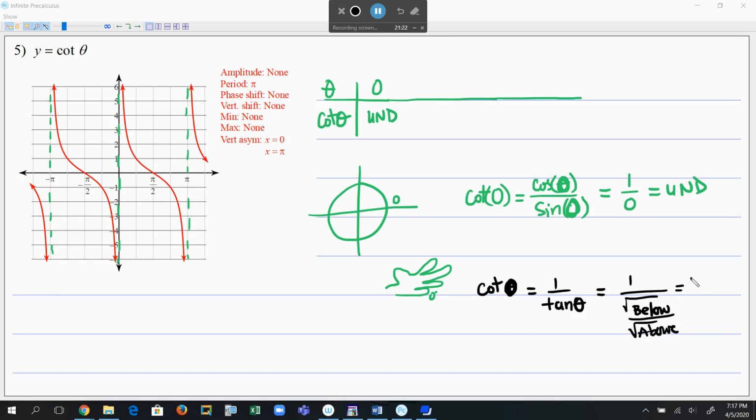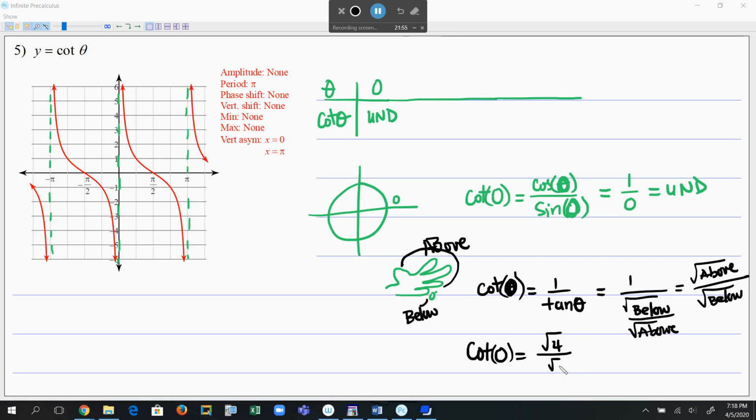So that will be the square root of the above fingers divided by the square root of the below fingers. Therefore, cotangent of 0 is the square root of the above fingers, which will be 4, so square root of 4, divided by the square root of the below. We have nothing below, so square root of 0. Again, it'll be undefined. So there are 2 ways to do it here. It's up to you.